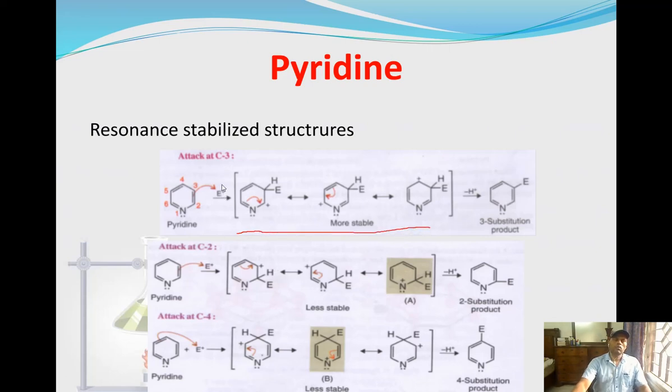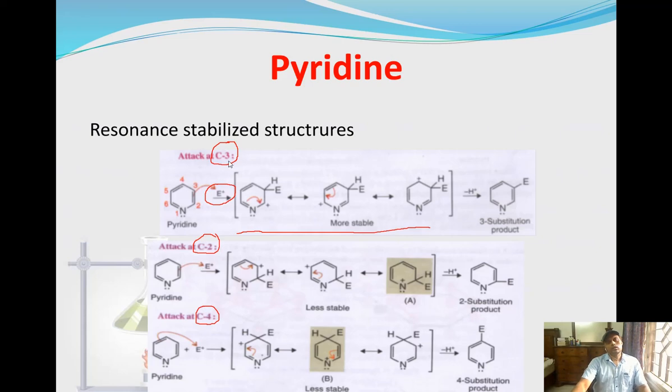What we are going to do is draw the resonance structures for attack at each of the carbons, that is C3, C2 and C4, and after drawing these structures we are going to see which structure can be more stable, which structure can exist, so that the product can be formed.